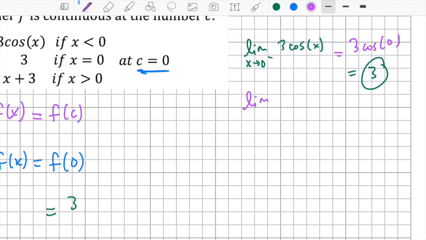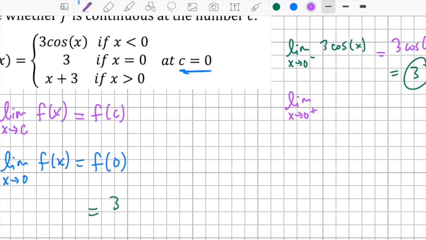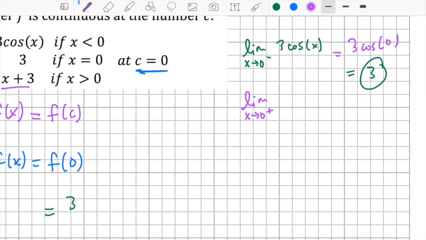Now I check the right-hand limit. Limit as x approaches 0 from the right. That means greater than 0, so I'm going to use x plus 3. Plug it in, 0 plus 3 equals 3. So now the one-sided limits are the same.